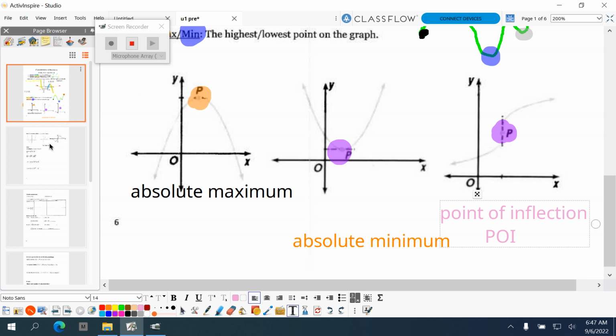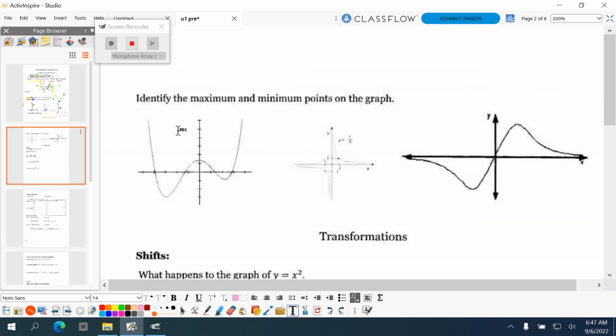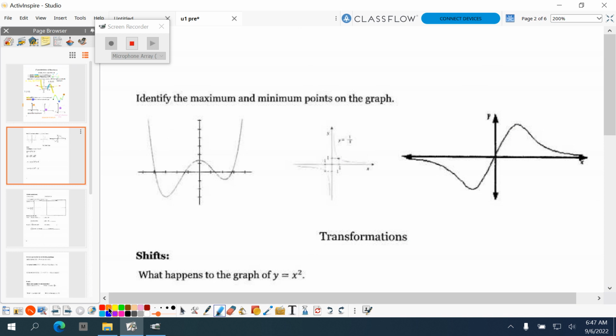All right. So let's identify maximum and minimum points, and what we'll do for max and mins, I'm going to highlight all of my maximums orange. So here's a maximum. It's a local maximum. I would not count these endpoints as maximums because this looks like it's continuous, like it's continuously going up.